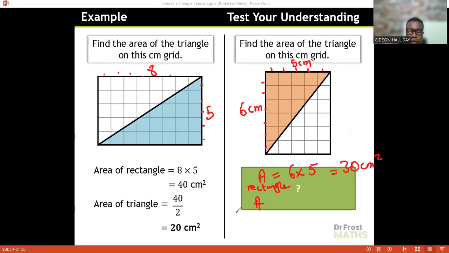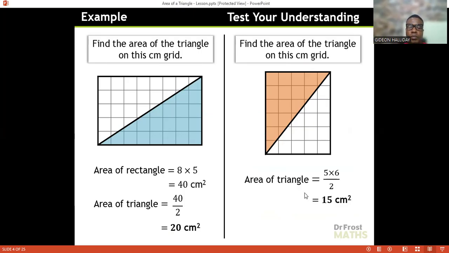Then the area of the triangle will be 30 divided by 2, and that is 15 centimeters square. Easy peasy, lemon squeezy.